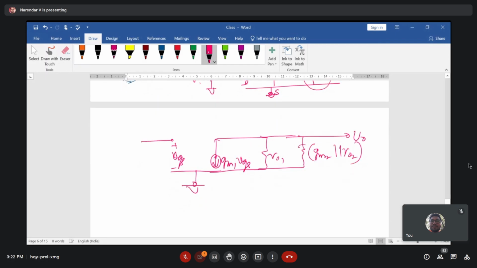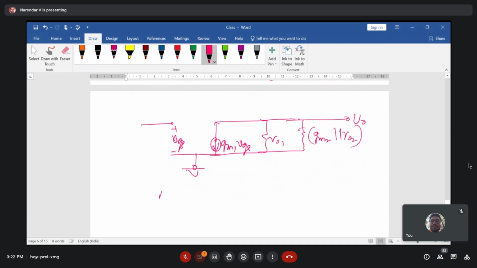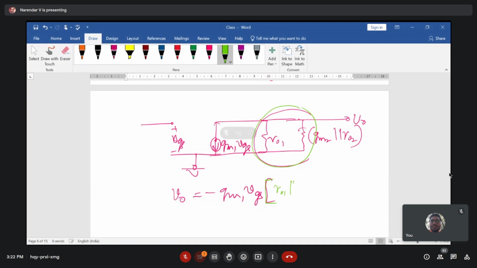Now if you try to estimate the value of your gain, V out is given as minus GM1 times VGS into the equivalent resistance of the two resistors, because both are resistors. Now what you can do is just make the parallel resistance of these two. So R01 parallel with 1 over GM2 parallel with R02.